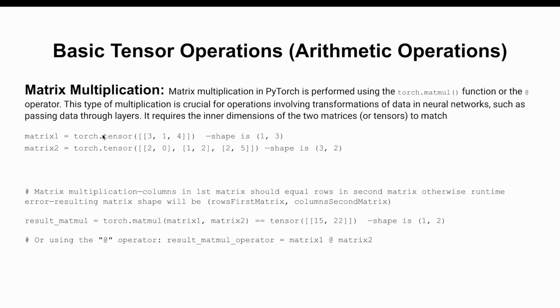For instance, we have matrix 1, which is of shape 1 row, 3 columns, so 1 by 3, and matrix 2, which is of shape 3 rows, 2 columns, so 3 by 2. To multiply these matrices, essentially you take the first column and run it through the first row.